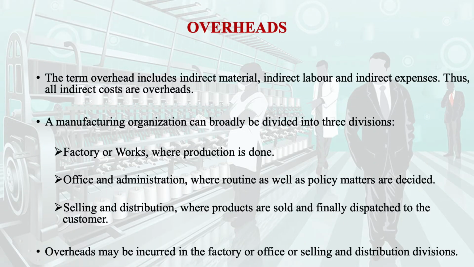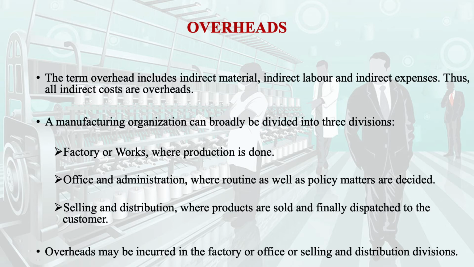For convenience, we have divided the overhead expenses into three divisions: first, factory or works, where the production is done. Second, office and administration, where the routine as well as policy matters are decided. Third, selling and distribution, where the products are sold and finally dispatched to the customer.